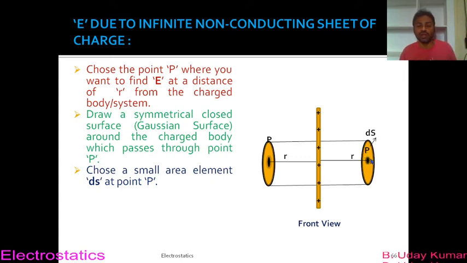So I have chosen the small area element at point P. Since it is taken as ds, the area of this circular face also becomes ds. And the next one, this one.